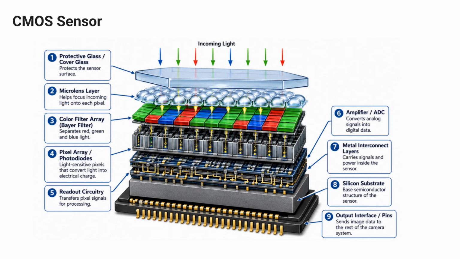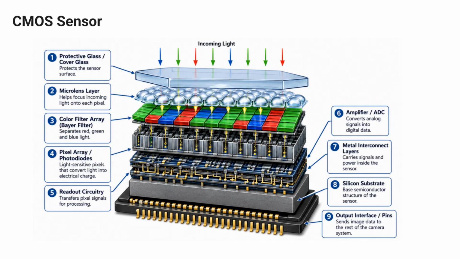This image shows the basic internal structure of a CMOS sensor. Light first passes through the protective cover glass, which shields the sensor surface. Microlenses then focus the incoming light onto individual pixels. A color filter array separates the light into red, green, and blue information. Below this, the pixel array converts the light into electrical charge.